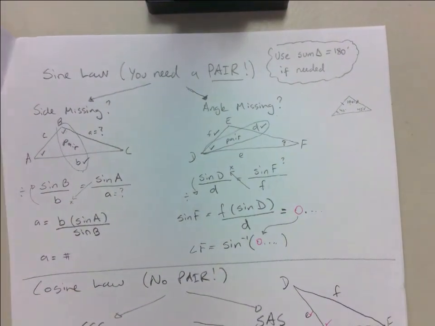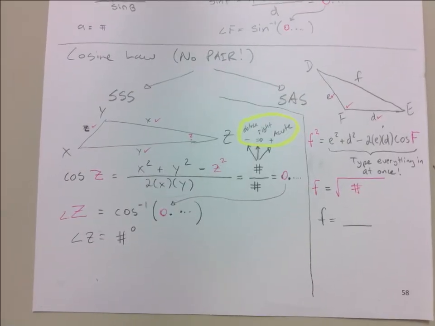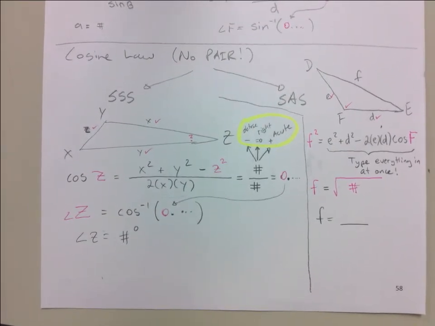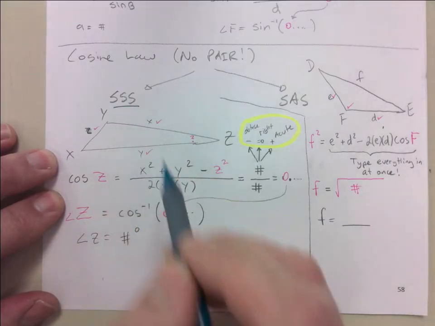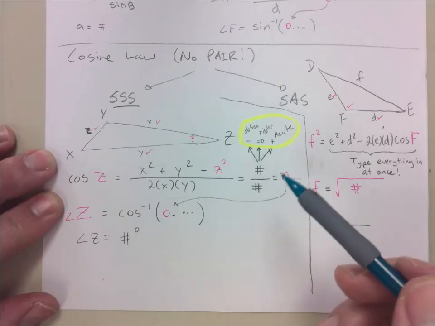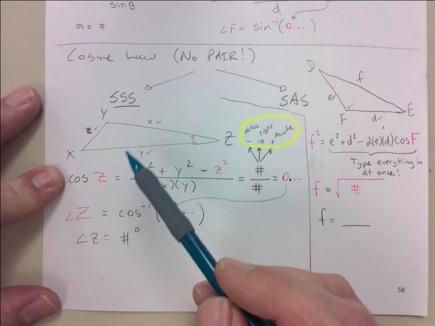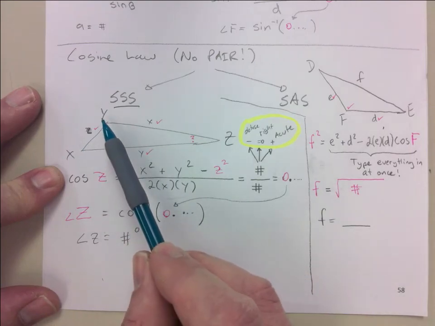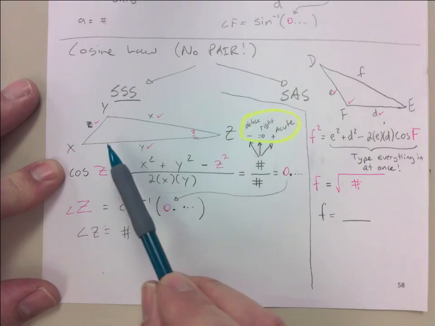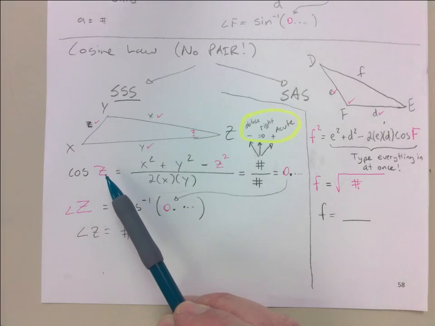And then also cosine law. Cosine law works in a situation where you have side, side, side. All three sides are given. Focus now. If you have a side, side, side, you have to be careful because you can solve for any angle you choose.